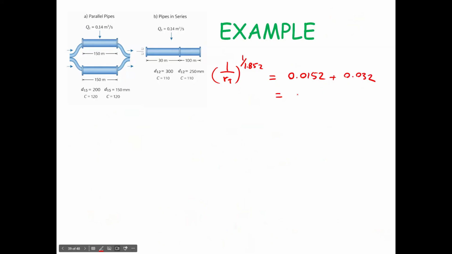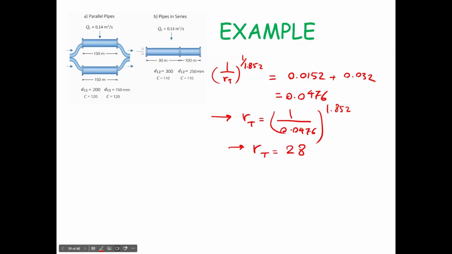Because I added this example recently, I did the calculation myself. The answer is very close to what I'm going to post. Then RT equals 1 divided by the sum, which gives me RT equal to 282.